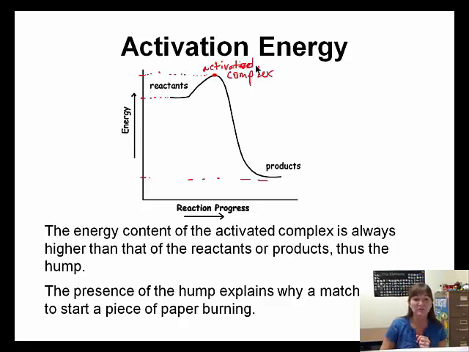So if you were to label how much energy it takes to make that activated complex, or what is the activation energy, that would always be the distance from the reactants to the top of the hump. You might want to record that in your notes. The activation energy is the distance from the reactants energy to the activated complex energy. And the distance from the reactants energy down to the products energy is what we call the heat of the reaction.